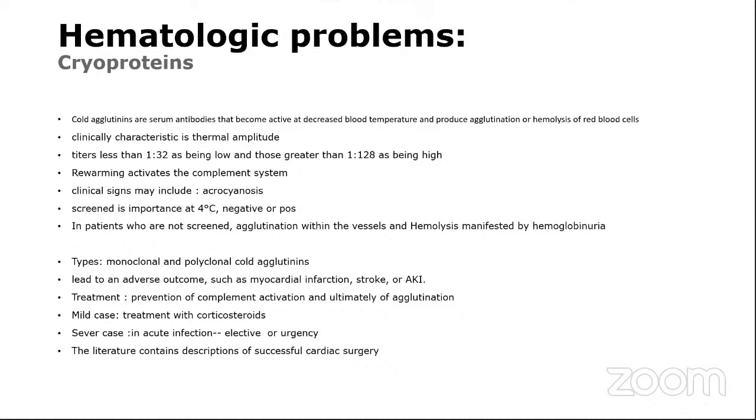This is mostly associated with viral infection. The polyclonal is an acute, life-threatening situation if it happens. If you activate the polyclonal, it will cause hemolysis, and intravascular hemolysis as well.